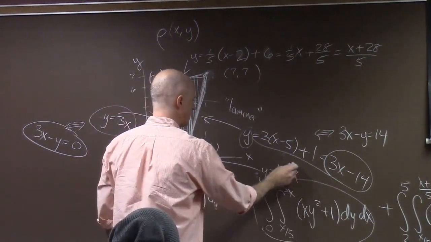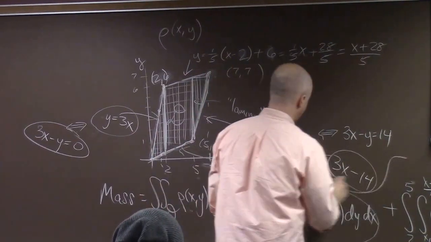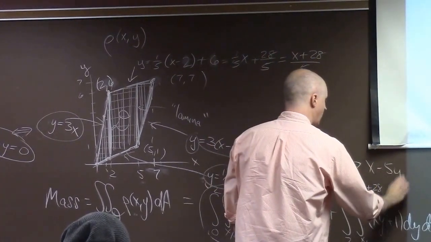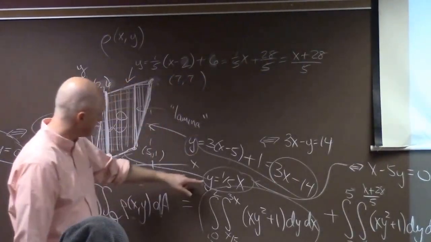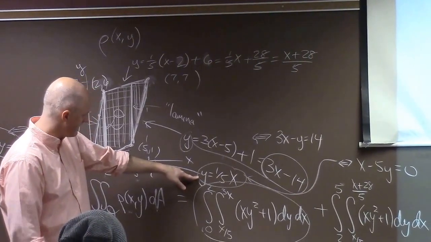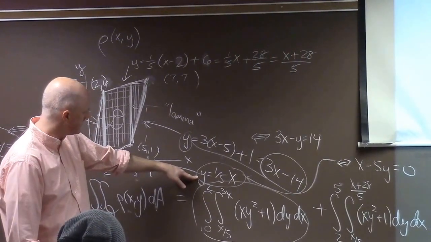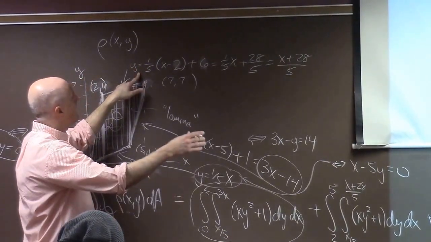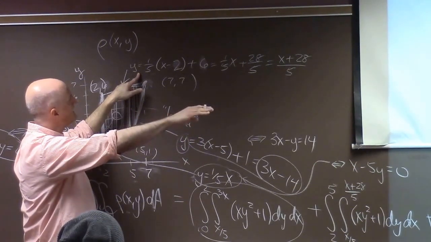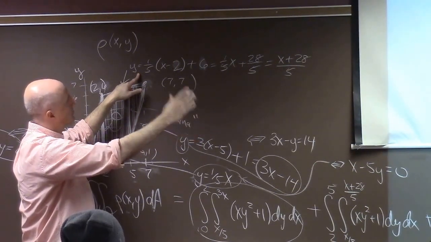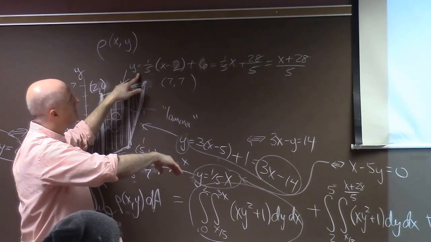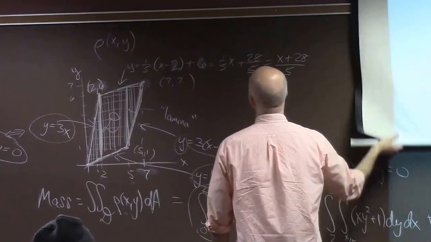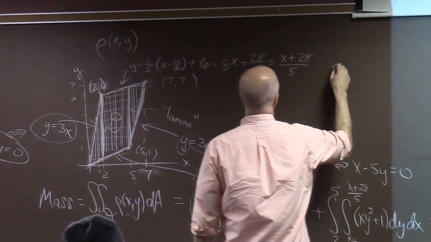It's kind of a mess here. That equation is equivalent to x minus 5y equals 0. Multiply both sides by 5 first, and then subtract 5y. Up here, multiply everything by 5 first, and maybe subtract y, and also subtract 28 times 5.